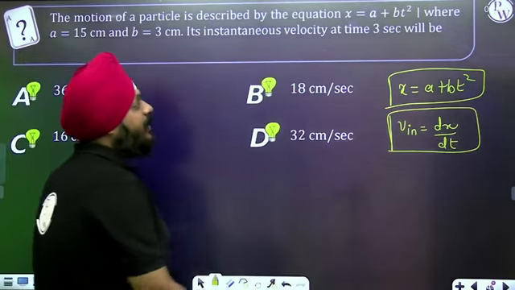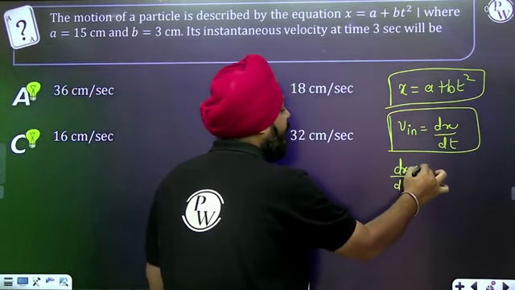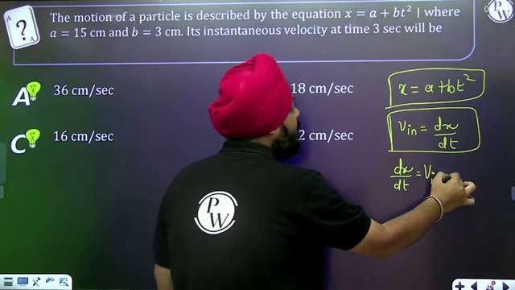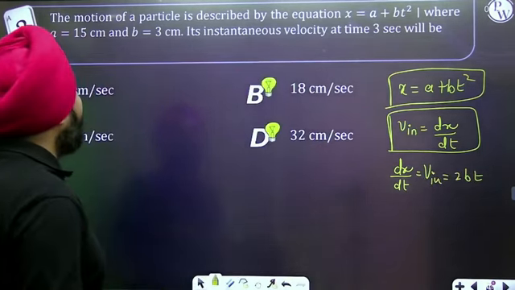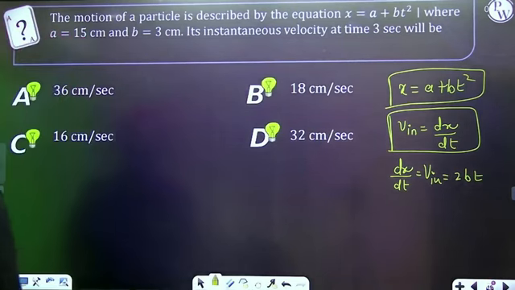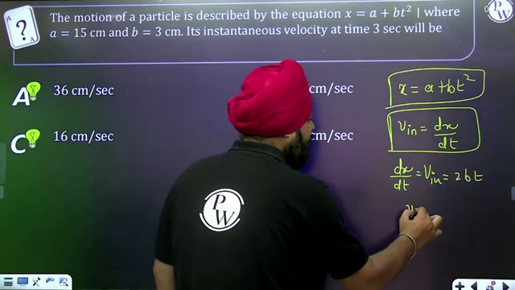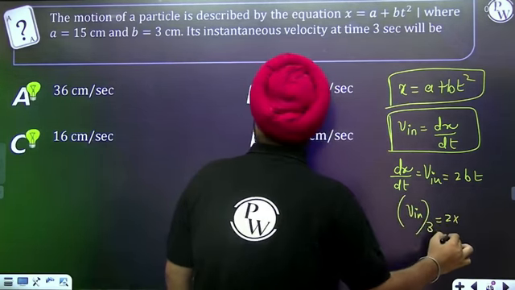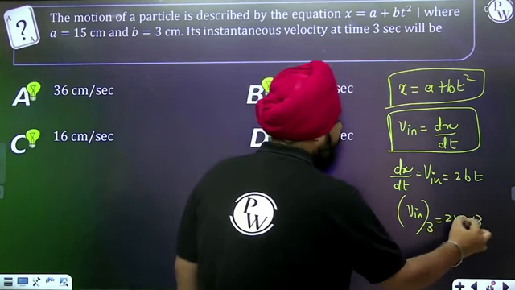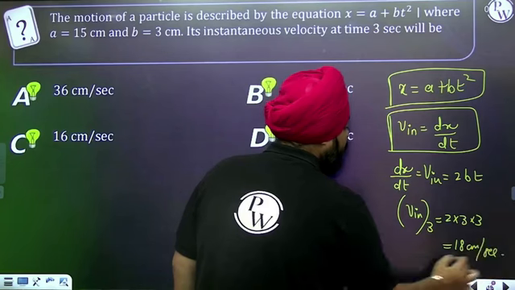Differentiating this equation, dx by dt, that is v instantaneous, equals 2b t. At 3 seconds, v instantaneous equals 2 into the value of b into 3. 3 2s are 6, so it is 18 centimeter per second.